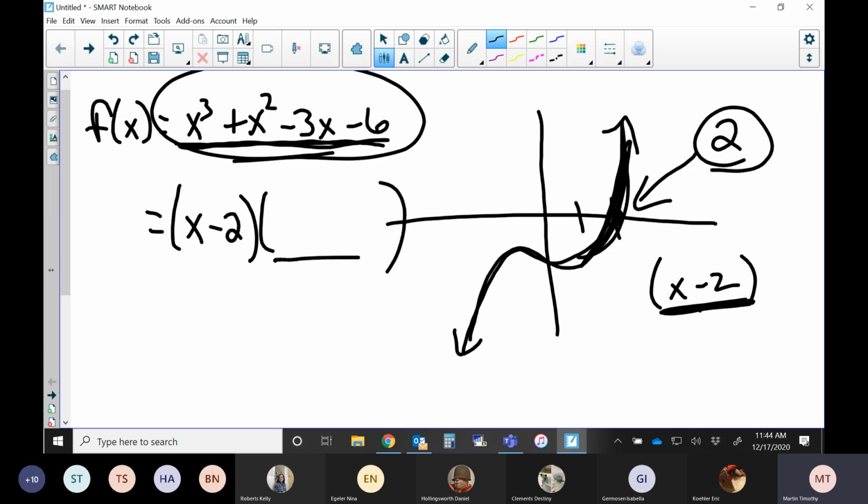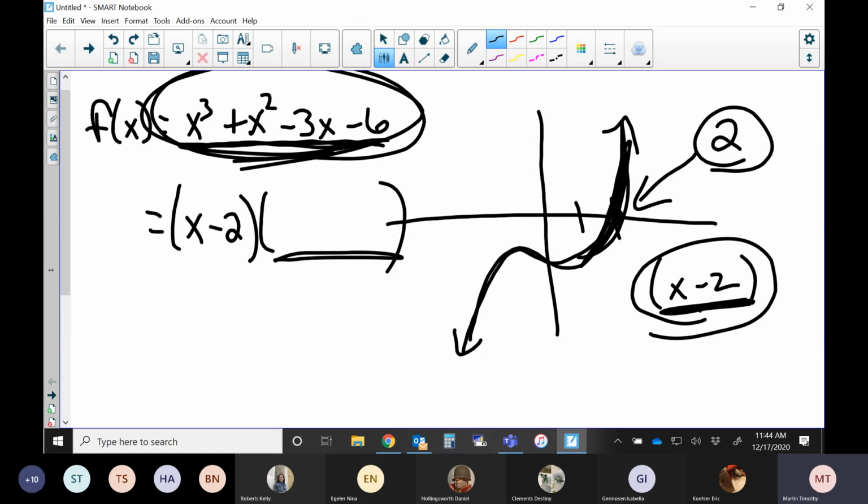The problem is I don't know what this something is. How can I figure out how many times this goes into this? You could use division. What kind of division would you like to use? Could you use synthetic? Why can we use synthetic? Because it's just x minus 2.